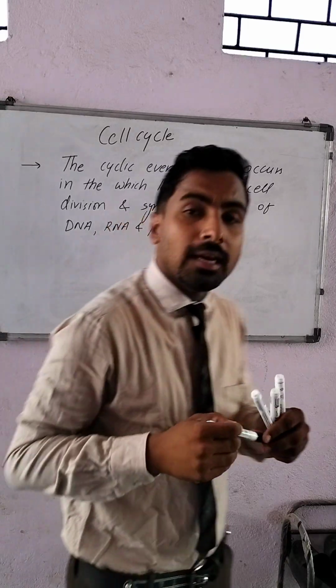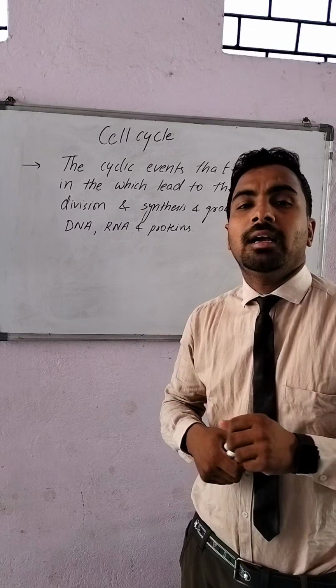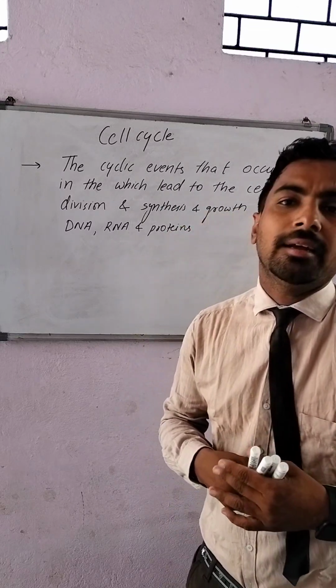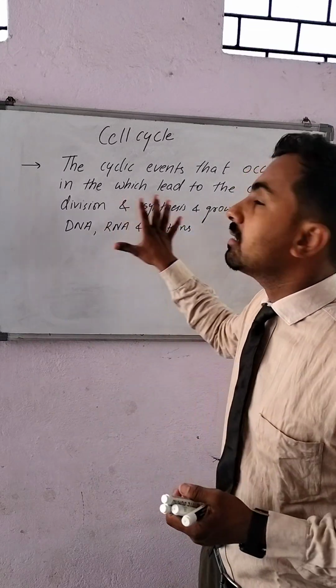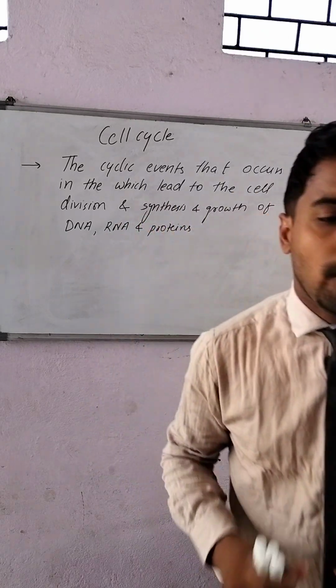So simply in the cell cycle what happens, the first cell divides and then this RNA, DNA and proteins are synthesized in this cell cycle. We classified the cell cycle into two main major phases.